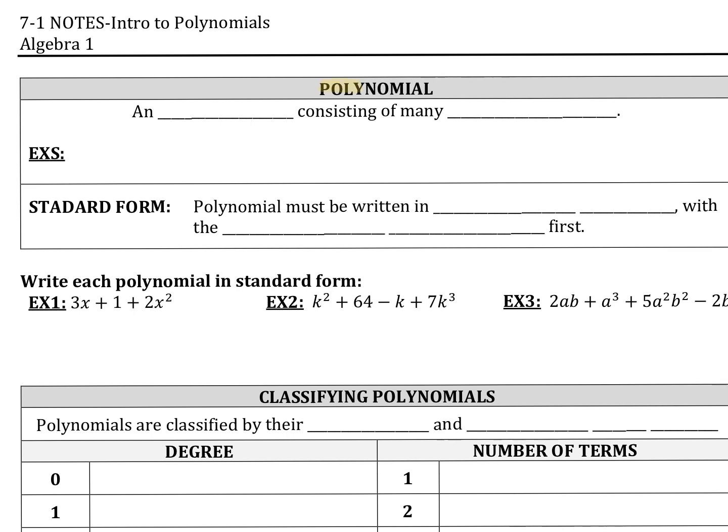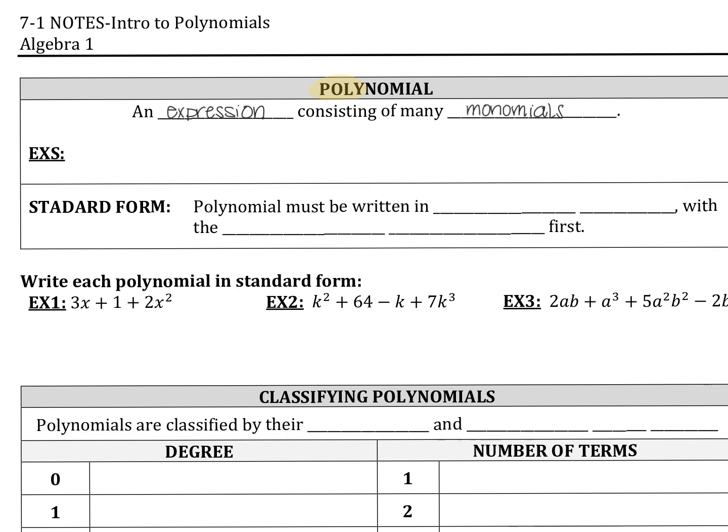If we look at the prefix of the word polynomial, we see the word poly. What does poly mean? It means many. So a polynomial is simply an expression, not an equation, just an expression, consisting of many, hence the prefix poly, monomials.